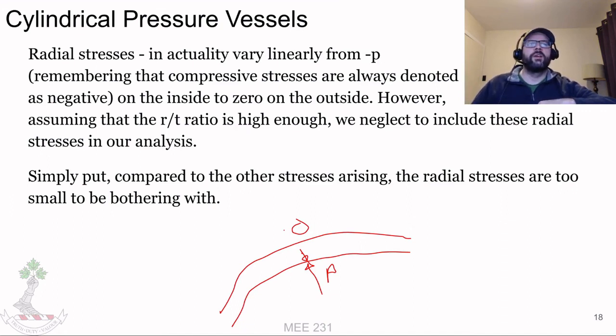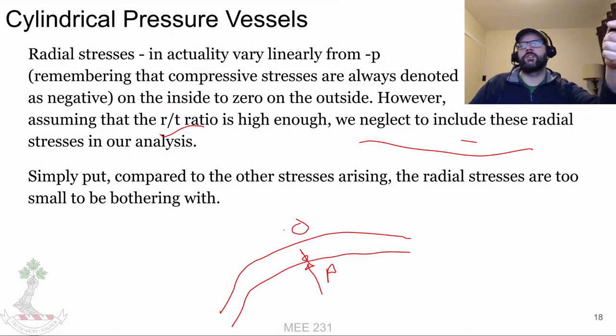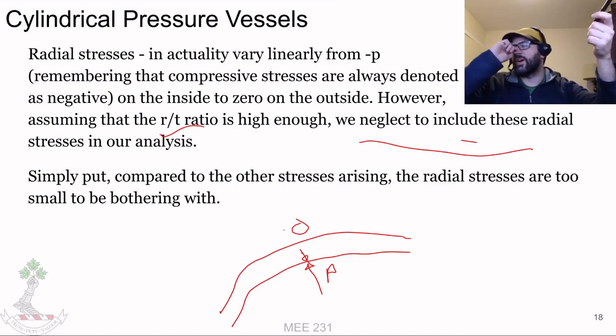That having been said, if your R to T ratio is high enough, you have a tendency to completely neglect these radial stresses just because they're small enough that we don't need to worry about them. As long as your R to T ratio is at least 10 to 1, then the smallest other stress that you would see is going to be, well, your hoop stress is always going to be at least 10 times that, and your longitudinal stress is always going to be 5 times that.